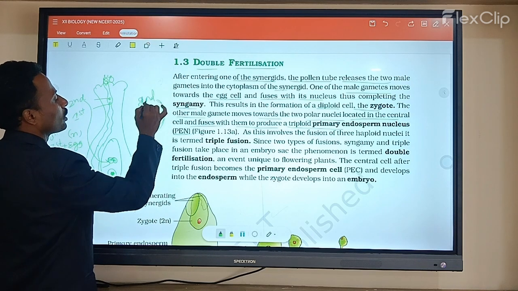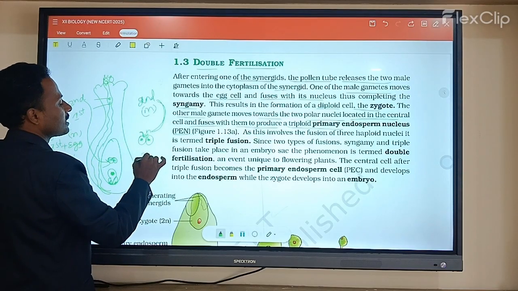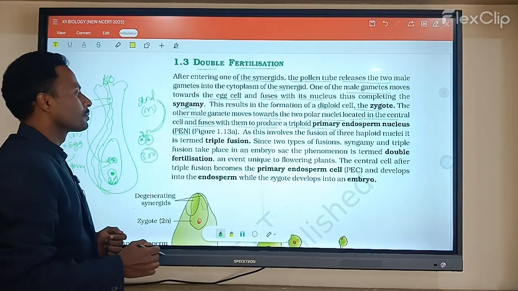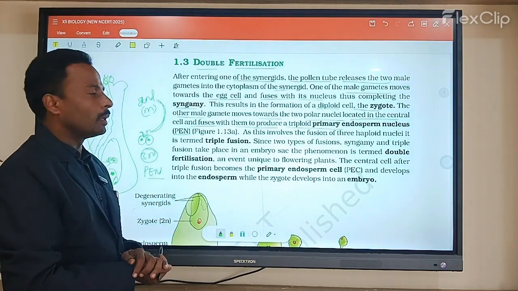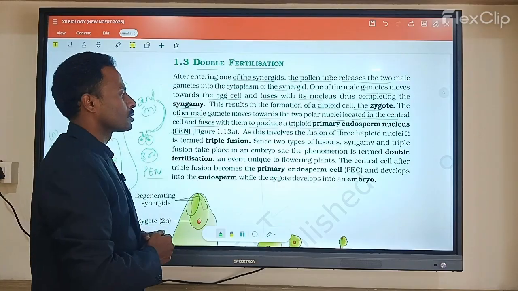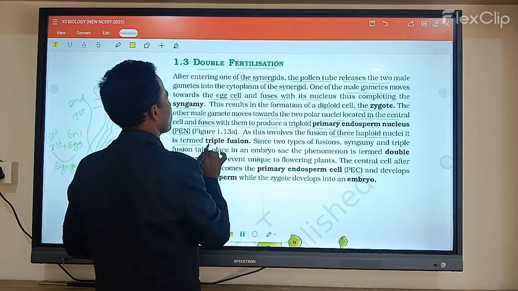So these three get fused, the two polar nuclei and the one male gamete, and the primary endosperm nucleus is produced. This involves the fusion of three haploid nuclei. It is termed triple fusion.